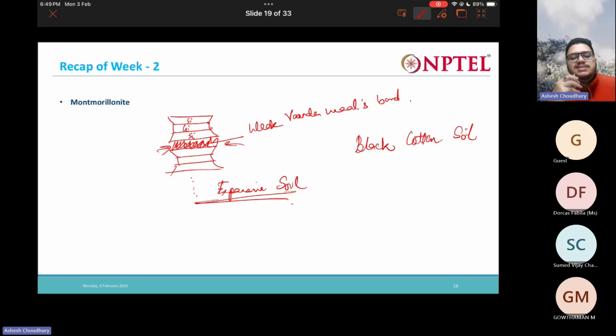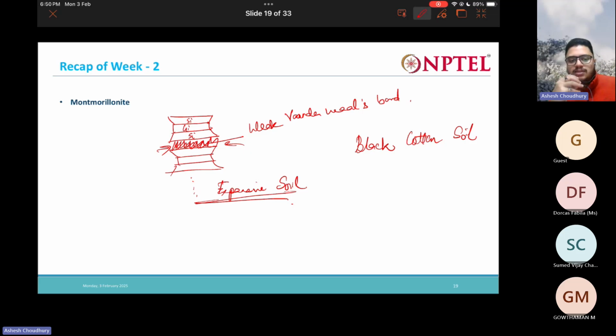So finally, what they decided was to completely excavate, to whatever depth that black cotton soil was there, say 5 meter or 6 meter, whatever. They decided that they will excavate out that whole amount of soil in that part, and then they will fill that part with other better granular soil like sand, and they will compact it, and then over that they will do the construction. So that's why you have to avoid this black cotton soil.